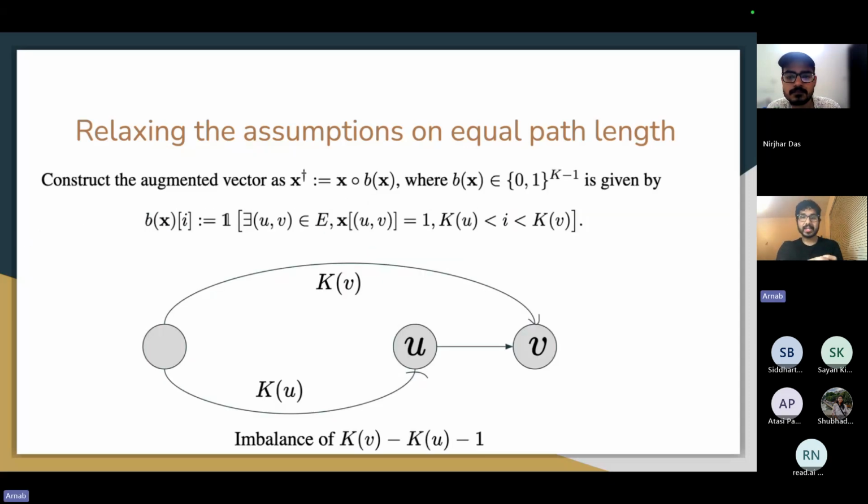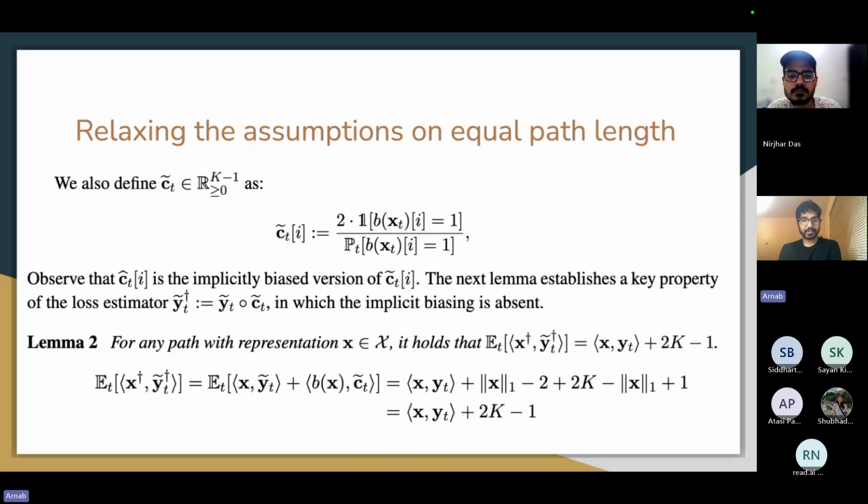Roughly speaking, corresponding to these extra bits, I will be maintaining an extra loss of 2 roughly, so that I balance out the actual bias that I'm introducing. This part is kind of loose. Essentially, you have the original representation, and these are the appended bits. This was the bias that was introduced originally, and my appended bits will introduce this extra bias.